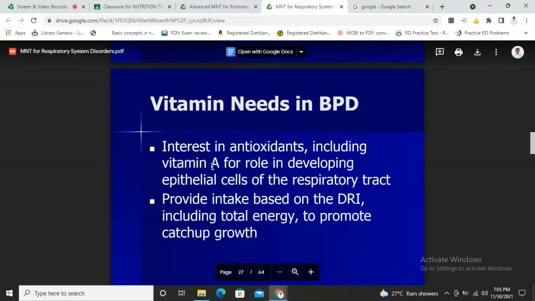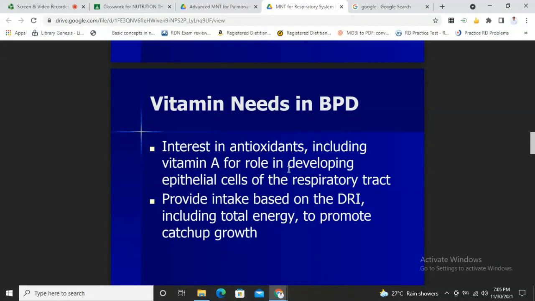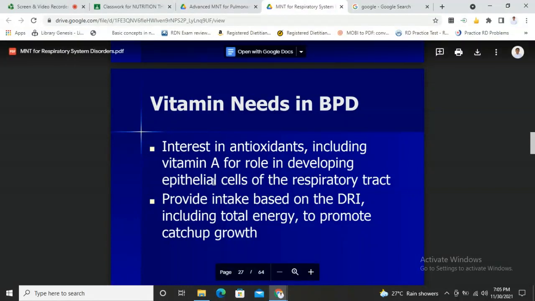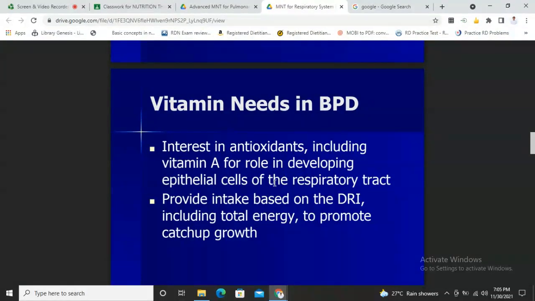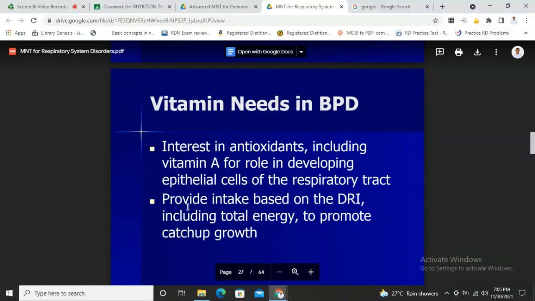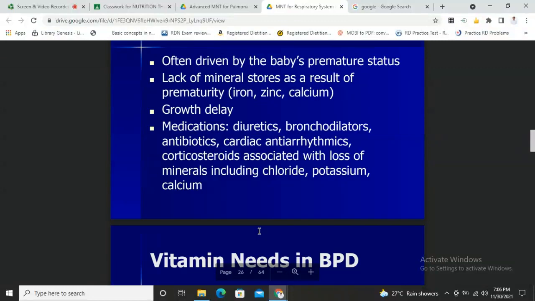Interest in antioxidants including vitamin A for role in developing epithelial cells or to counteract the effects na of the free radicals. Okay, provide intake based on the PDRI including total energy to promote catch-up growth. Okay, yeah, so pwede ra nato i-base, no, ang ilahang needs sa PDRI.